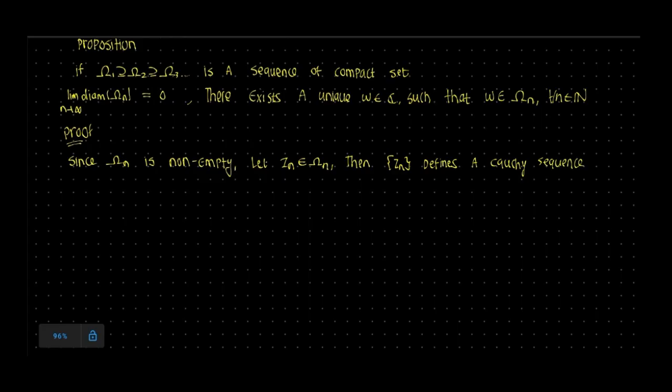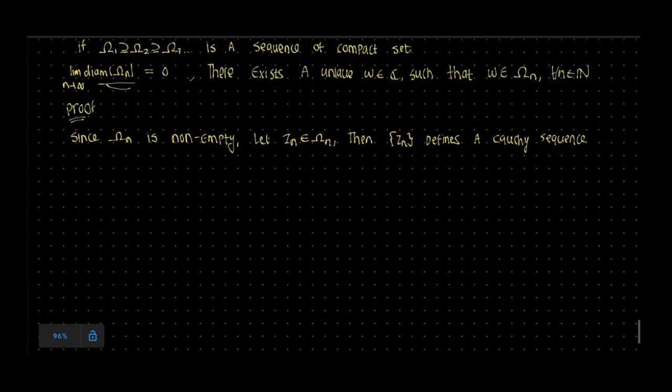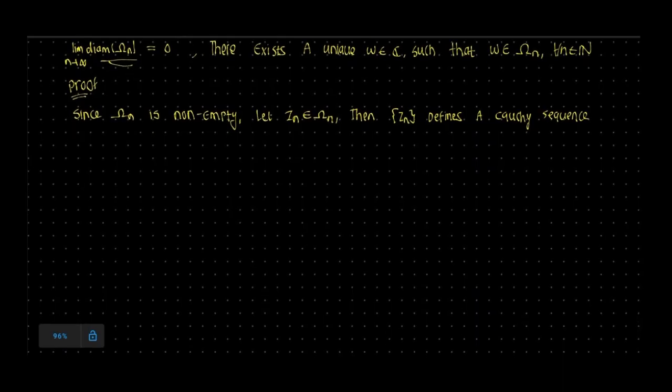That is because the diameter of omega n is approaching zero, so we can get our sequence points as close to each other as possible. This follows from that; you can formalize this any way you want. So z n defines a Cauchy sequence, and since C is complete, the sequence is convergent, and hence there exists a limit.